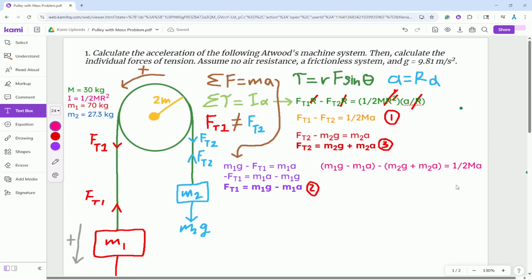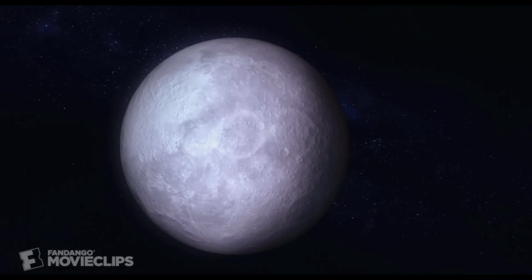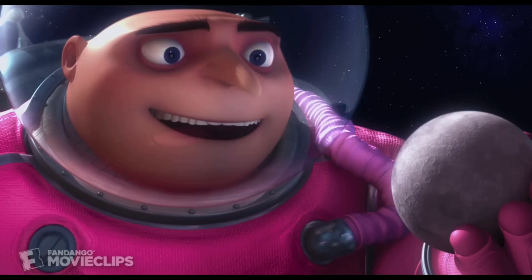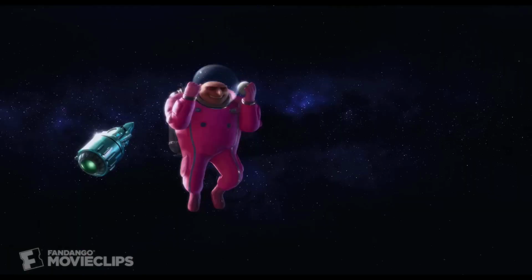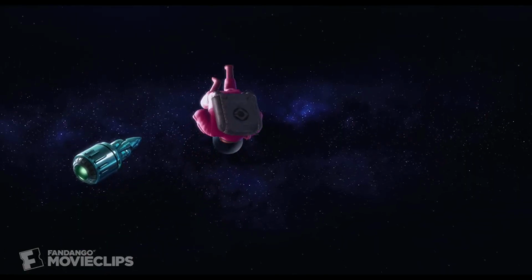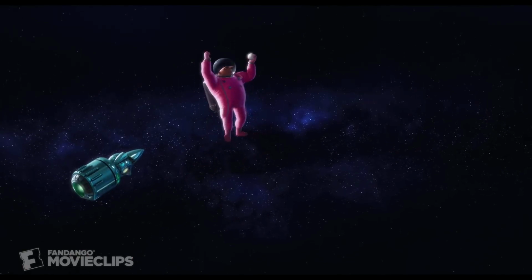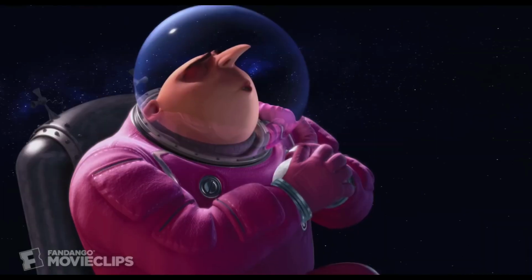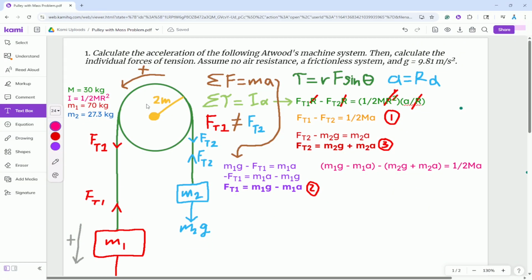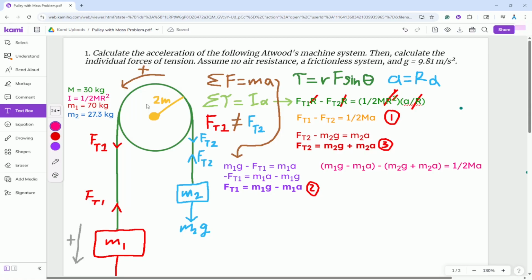Oh, and by the way, if you didn't notice already, the radius actually does not matter. So if you decide to use a shrink ray on this pulley, or let it grow and it becomes bigger, it's not going to change the way we solve for the acceleration of the system.